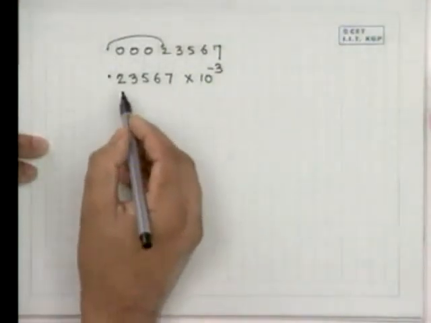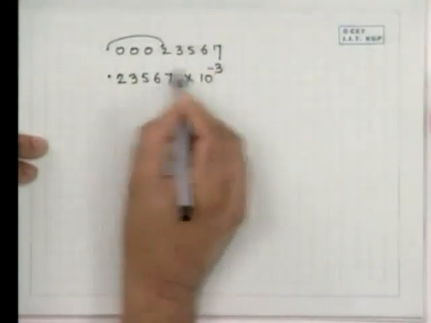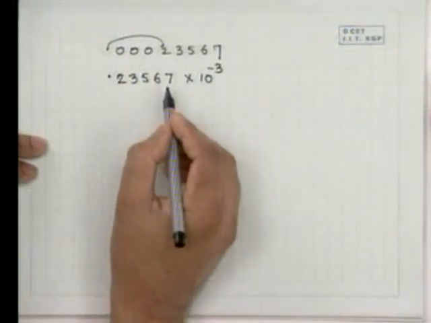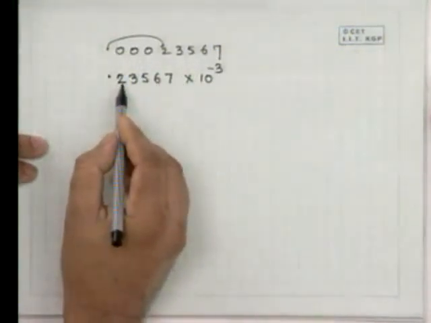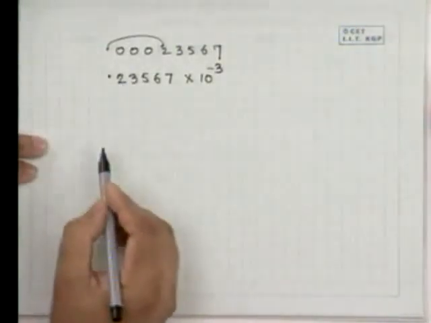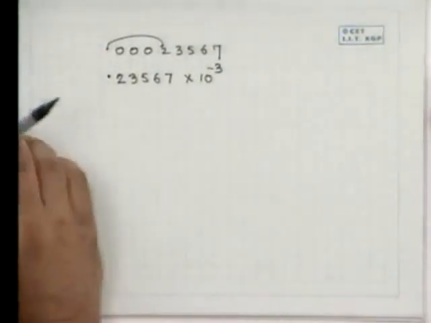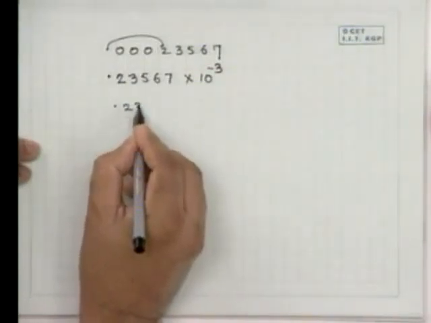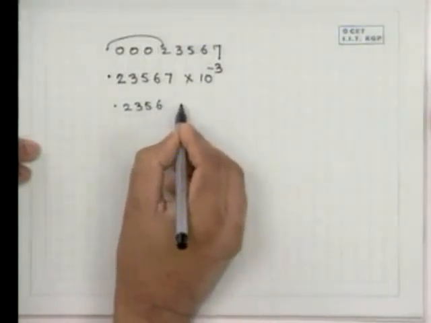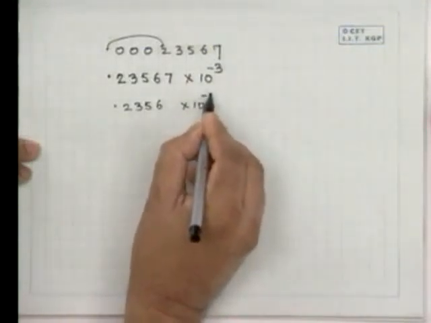Now, it is quite okay, but say we do not have sufficient space to keep all the 4 digits here. In that case, naturally, we will have to get rid of this digit and keep say 0.2356 into 10 to the power minus 3.